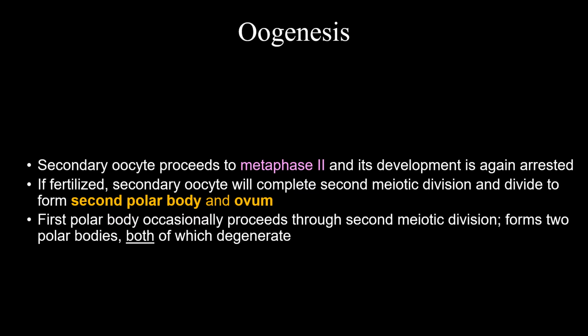If fertilization does not occur, the secondary oocyte will remain in metaphase 2, and it will eventually be shed along with the menses. Of a woman's 300,000 primary oocytes, only about 400 or 500 of them will become mature secondary oocytes during her reproductive lifetime.